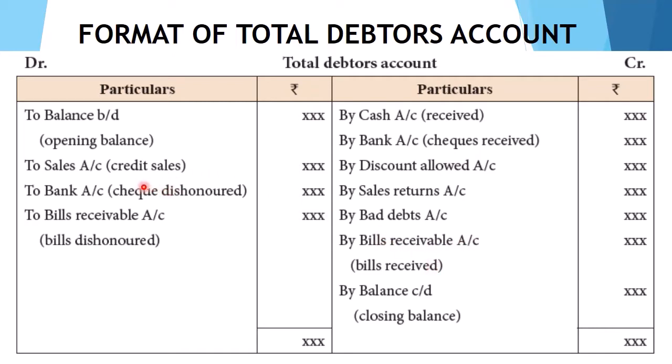When the cheque gets dishonoured, it is to bank account, to bills receivable account if a bill is dishonoured. So the balancing figure will be on the credit side. Keeping this in our mind, let us work out a problem.